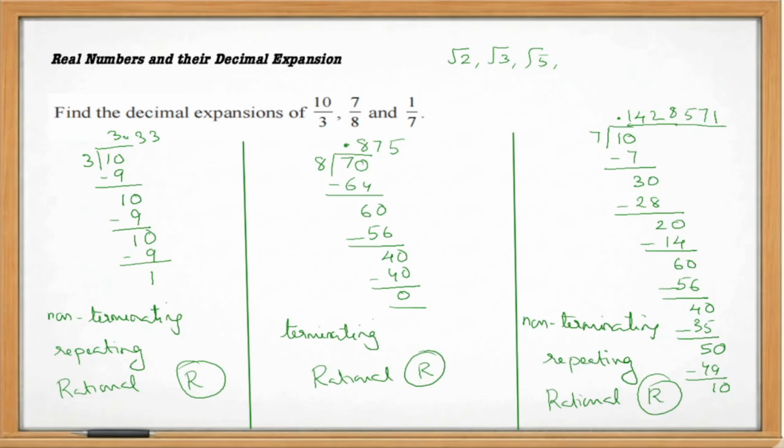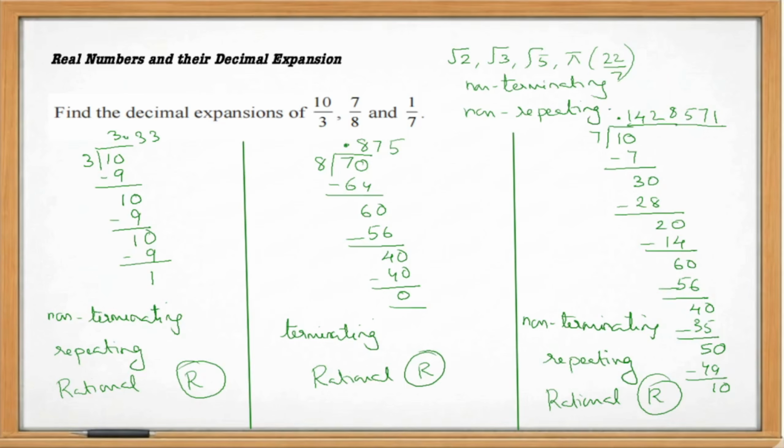Now if you take irrational numbers like root 2, root 3, root 5, then a number like pi, which we take as 22 by 7. If you take the square root of these numbers, which you have studied in the previous class in 8th, you have studied how to do the square root of these numbers. So if you do that, in that case you can find the numbers are non-terminating and not repeating.